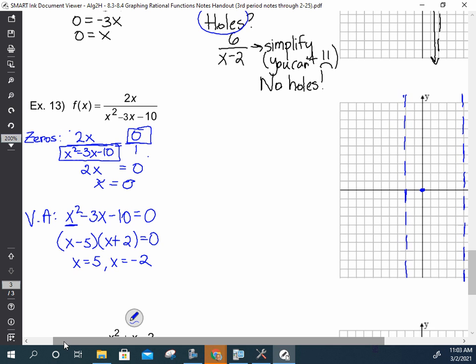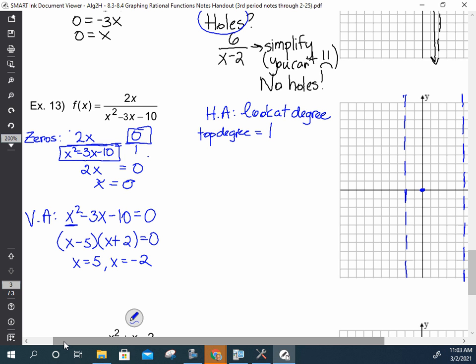All right, so we got our vertical asymptotes. So, horizontal asymptotes. Since you do not have a number sitting behind, now you have to look at the degrees. Remember, degree is the biggest exponent.